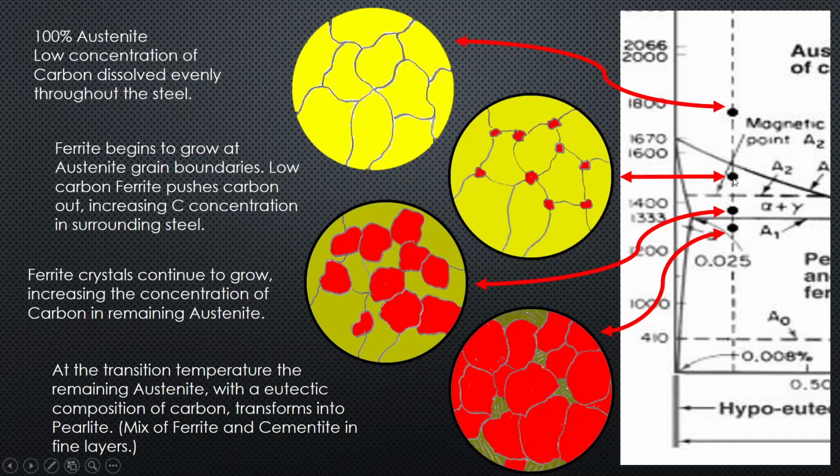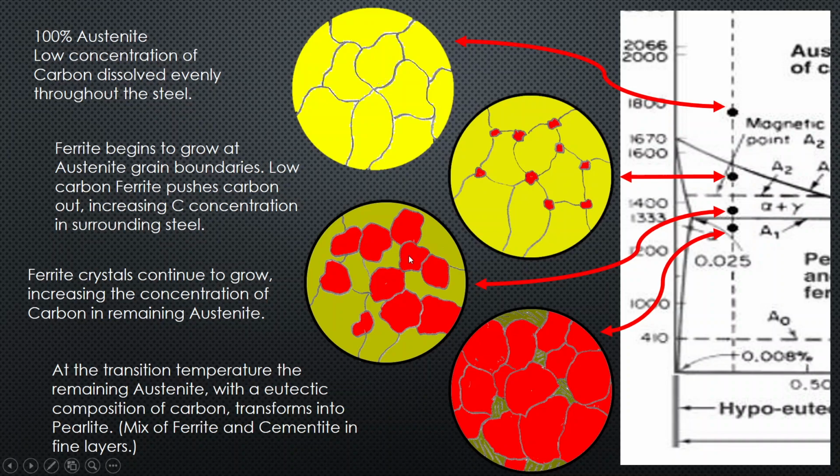As you start to cool down, at the grain boundaries, which are our high energy sites, little bits of ferrite start to grow. Now the little bits of ferrite are very, very pure iron. They've got no carbon in them to speak of, so they're squeezing that carbon out into the surrounding structure, increasing the concentration of carbon in the remaining austenite.